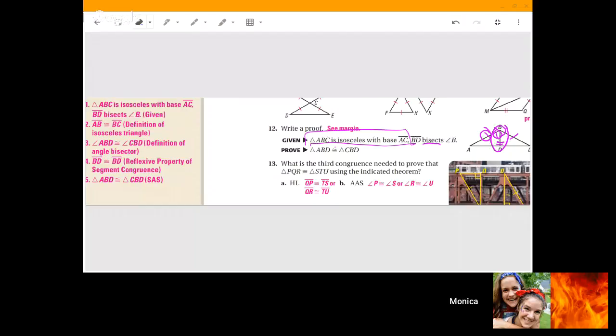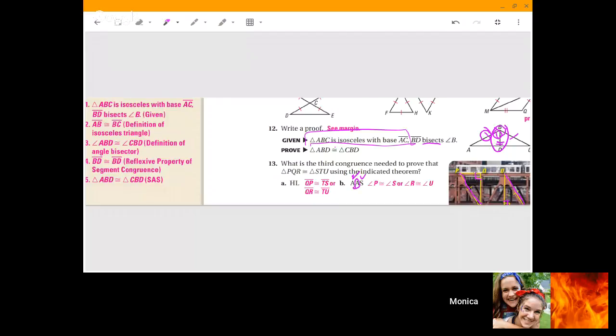Okay, so for B, you're proving angle, angle, side. So what it gives you in the picture is an angle here. Oh, sorry, I'm on eraser. So it gives you an angle here and then an angle here, right? So that's one angle. It does not give us another angle, but it does give us a side here and here, right?